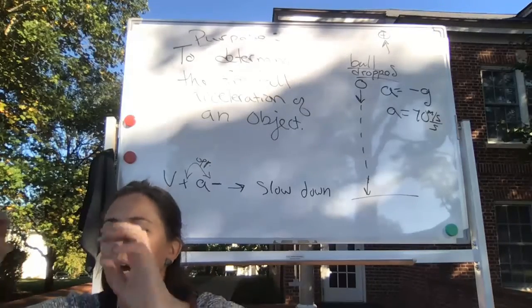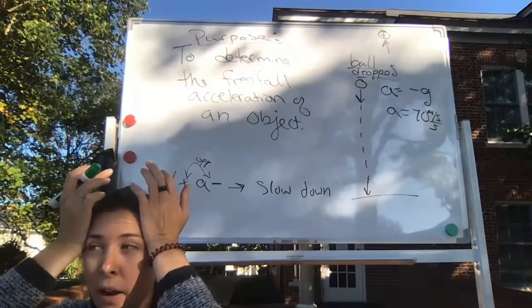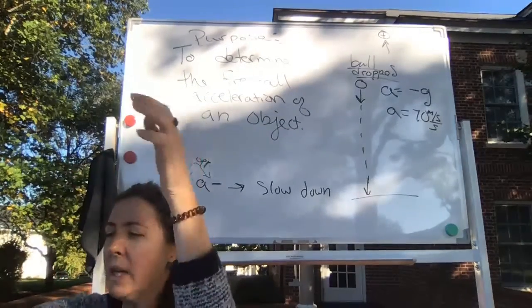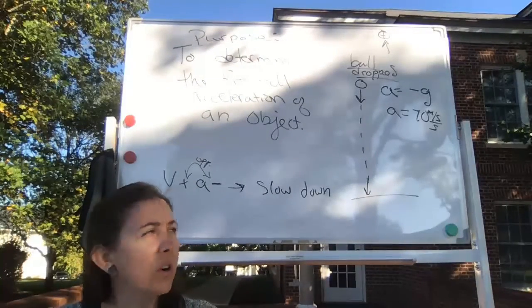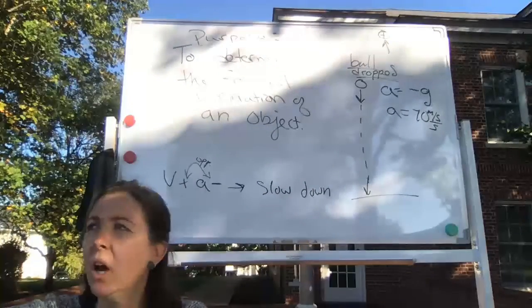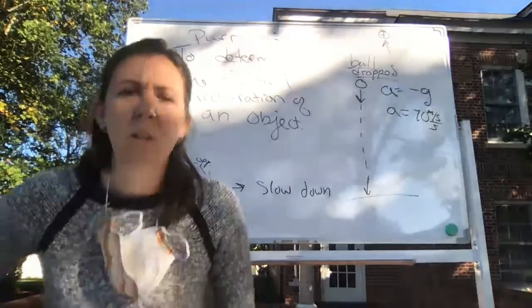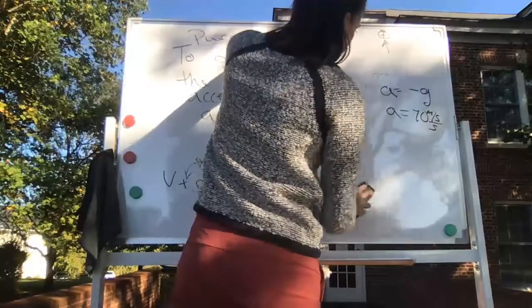Okay. So I guess my first question is going to be: what data do you need to collect in order to find the acceleration of an object? Eli, did you say something? The weight or the mass?